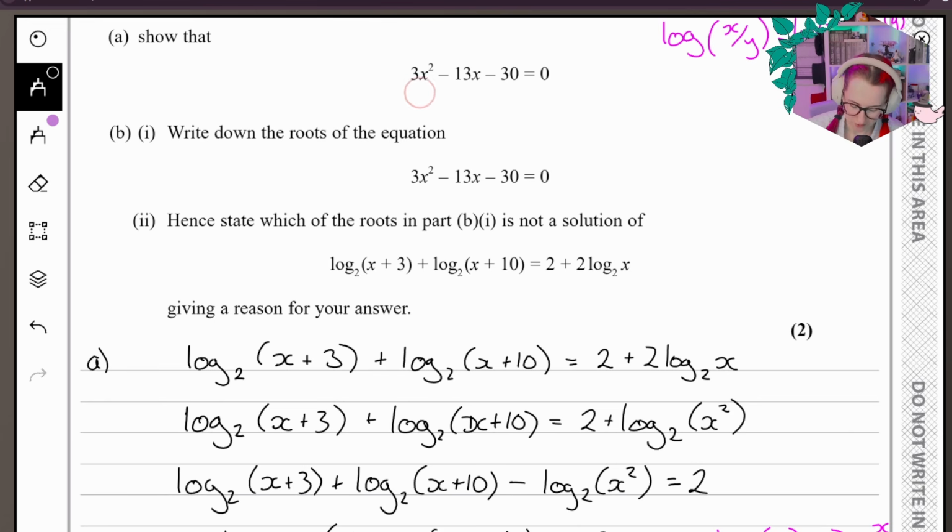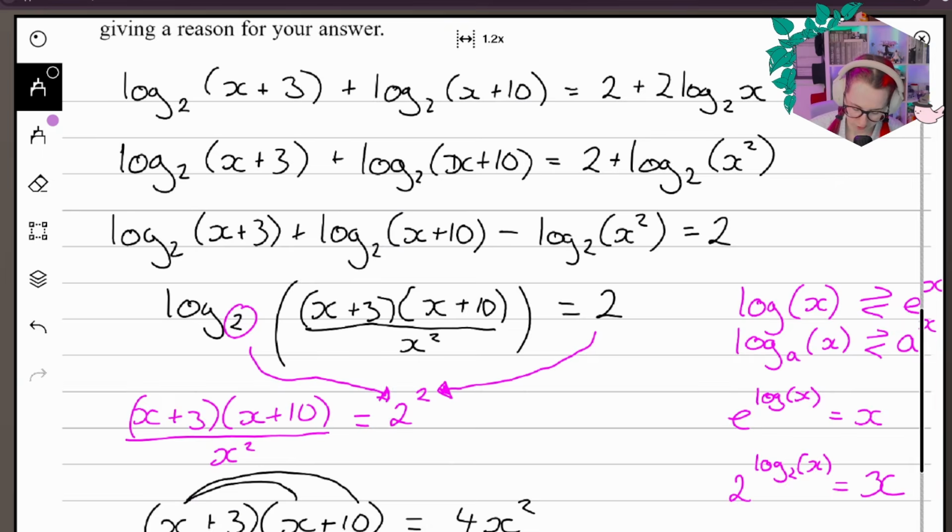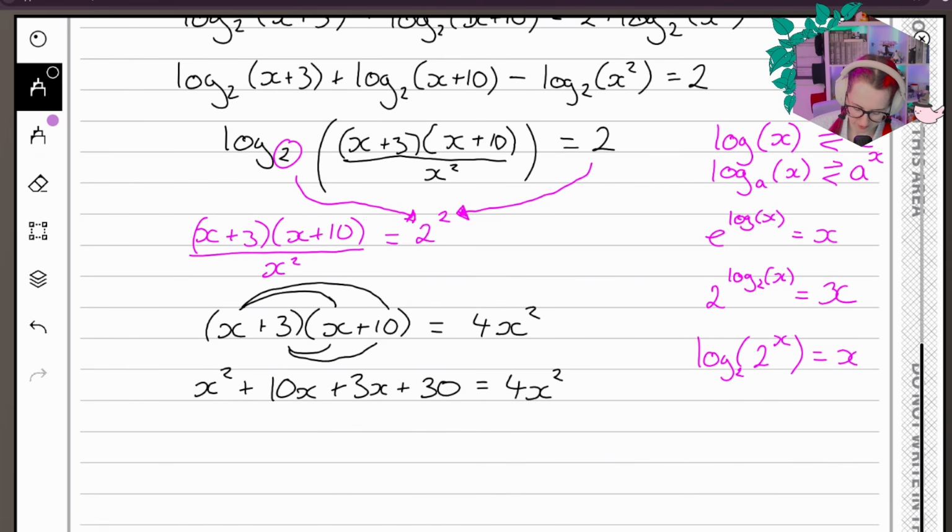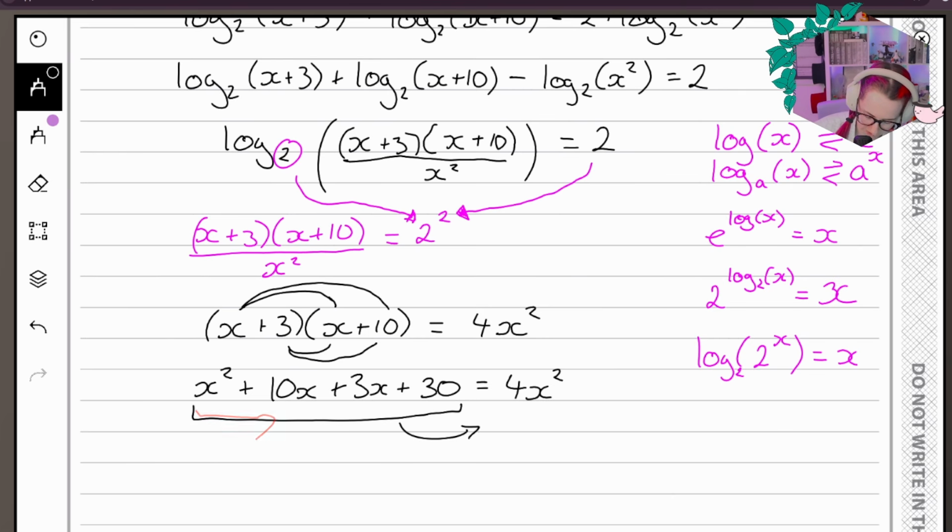Okay, so what is useful here is we could bring the plus 4x over to the left-hand side, and that would give us minus 3x squared because we'd have positive 1 minus 4. But instead, I'm going to bring everything back over to the other side. So I'm going to take all of this over to that side.